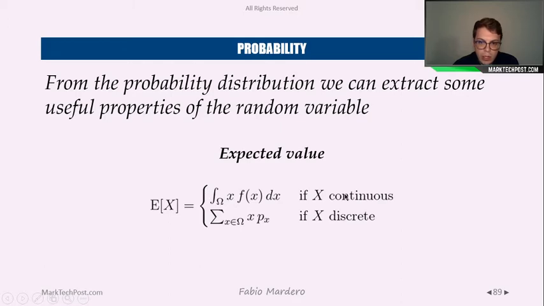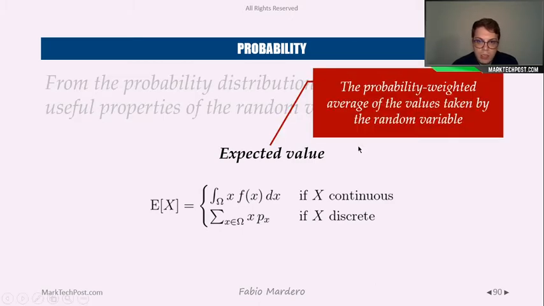Also, with a continuous random variable it could be written as the integral of x over dF, where we have a capital F, which means that we are integrating through the cumulative distribution function. But what the expected value is even more clear if x is discrete, and is equal to the sum of x times the probability of getting x as a result.